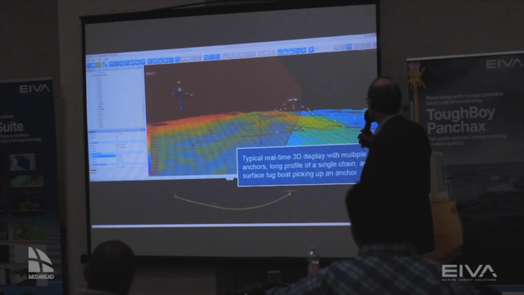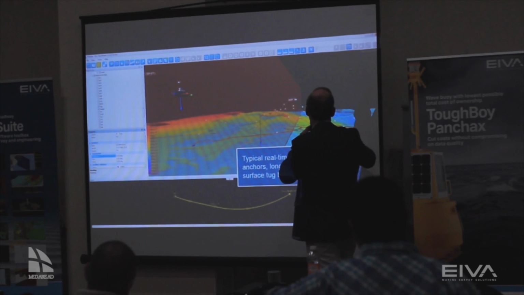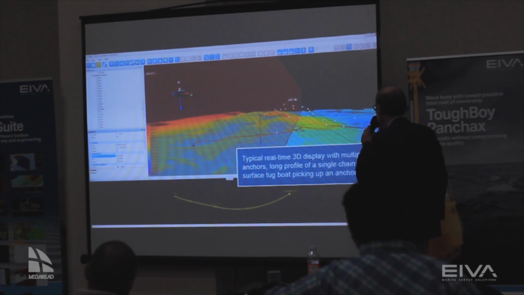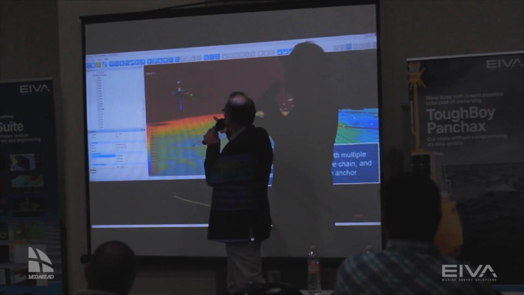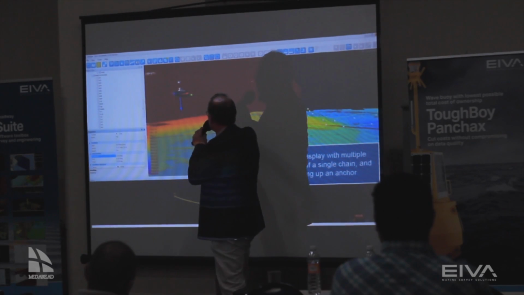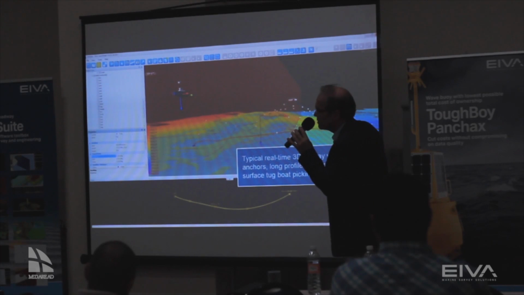Yeah, this is a typical 3D display of a barge here, the barge, and with a lot of anchors. And these 3D displays show also how the anchor handling is done. Here you see the anchor handling boat, and one chain is going to this anchor handling boat, so the anchor is placed on this boat.